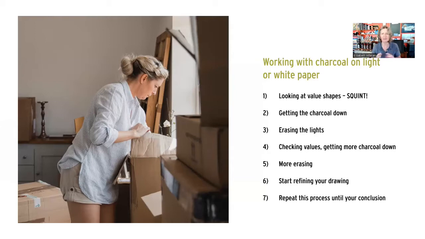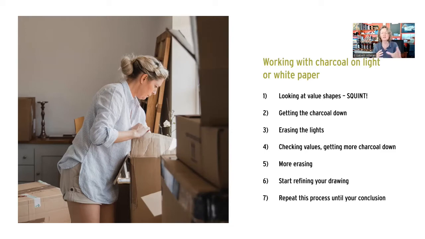Just like with notan, you look for those value shapes, you get some charcoal down in the darker areas. You end up not really worrying so much about what's going on in the lights, because you'll end up with extra charcoal on your blending materials or even your fingers to start adding the light stuff in. But the charcoal will get all over the place, so you'll have to erase and keep your lights clean all the way through.